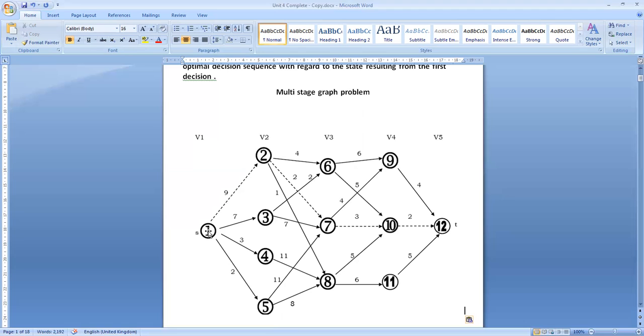But to go from vertex 1 to vertex 12, I should pass from stage 1 to some vertex in stage 2. So from 1, should I go to vertex 2 or vertex 3 or vertex 4 or vertex 5? So I have to take a decision in this stage.